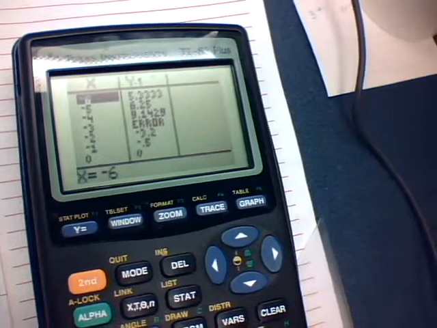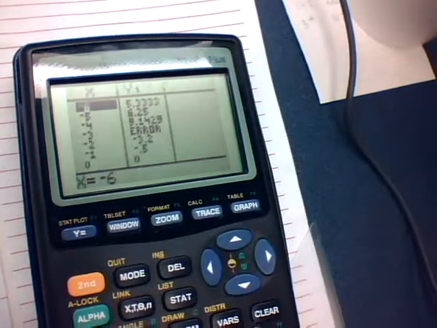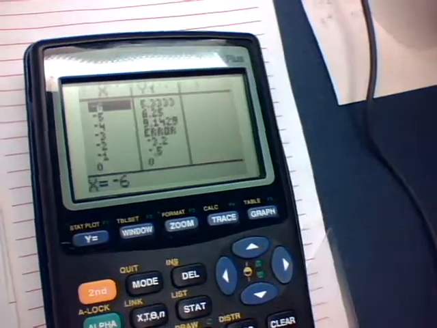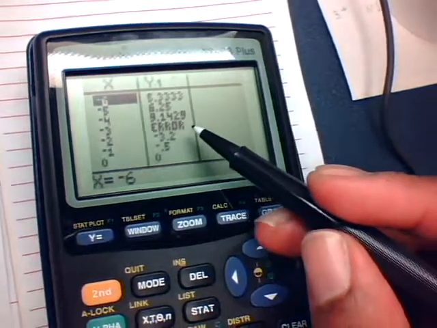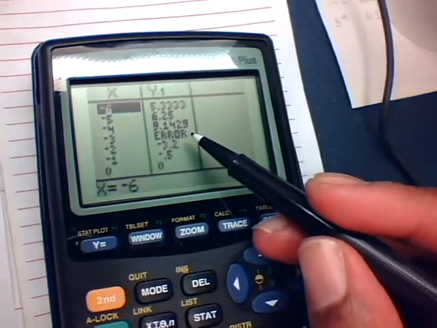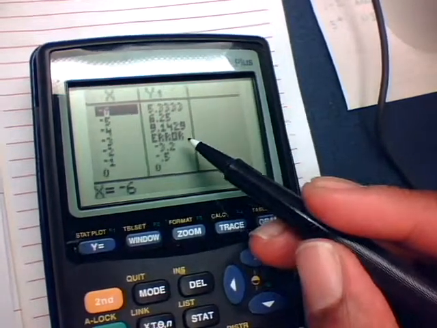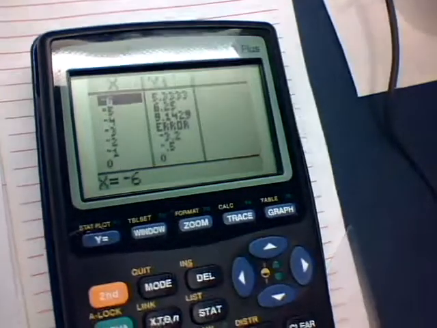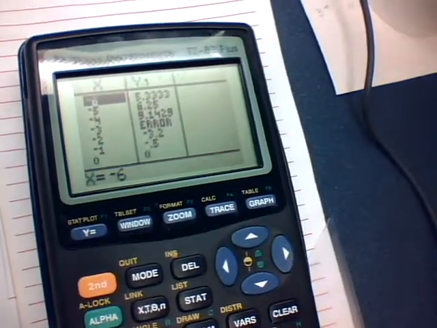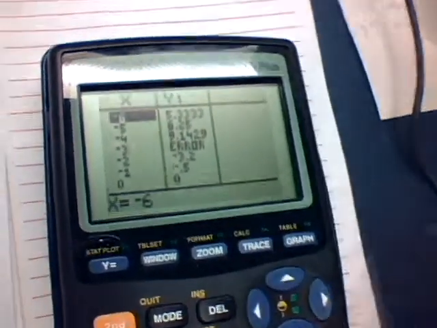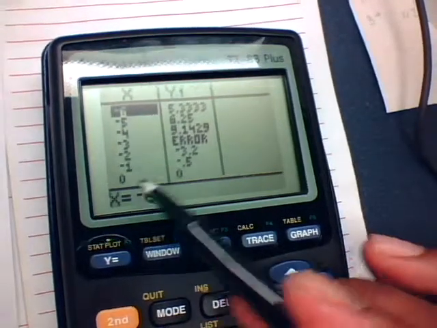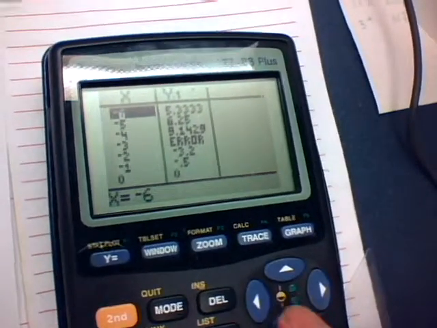And then for -2 is -3.2. Now notice at -3 you get an error. That's one of your vertical asymptotes. And then for -1 is -0.5.